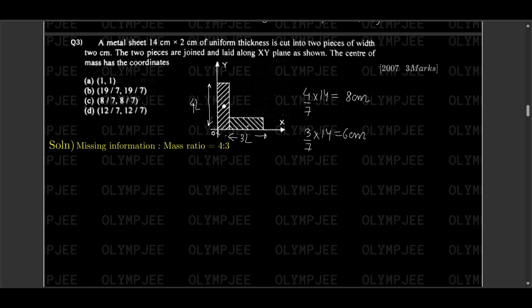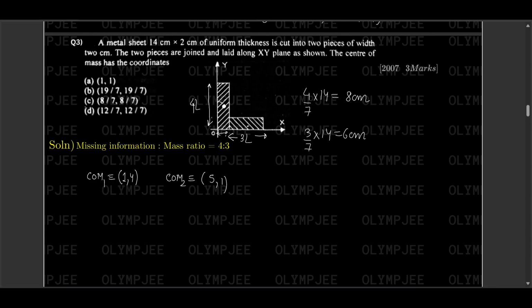Since the width is 2 centimeter, the x coordinate should be at the middle, so x coordinate will be 1. And since the total length is 8, the y coordinate should be 4. So the center of mass of the first part is (1, 4). Similarly, you can find that the center of mass of the second part will be (5, 1).